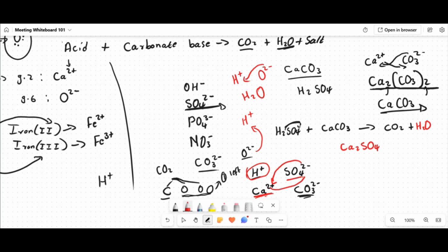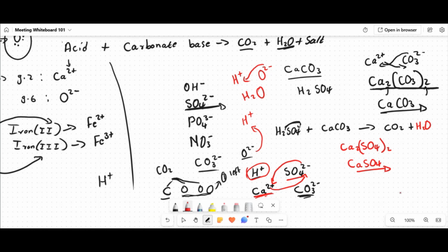These 2 will come and bond there. You have Ca2(SO4)2. Now, because you have the subscript, which is the same both sides, you simplify it and have CaSO4. This is your salt that you have. Now you look whether your equation is balanced or not.